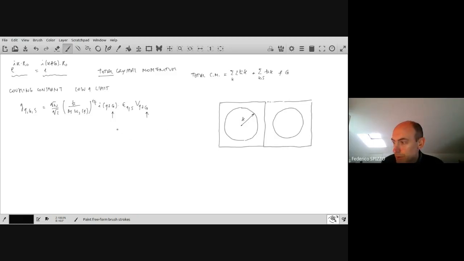for instance, if we consider this process, described by this operator, we have c†_{k+q+G} c_k b_{qs}.